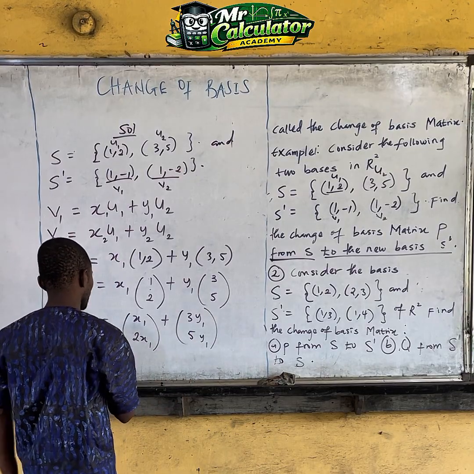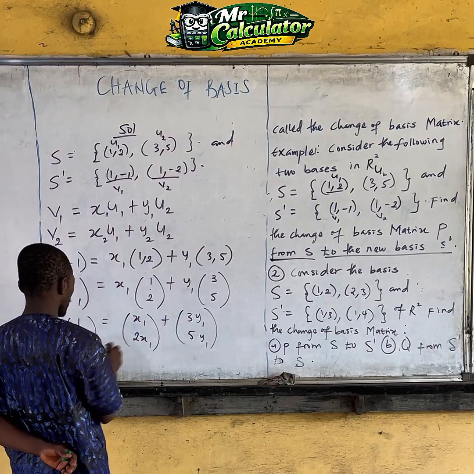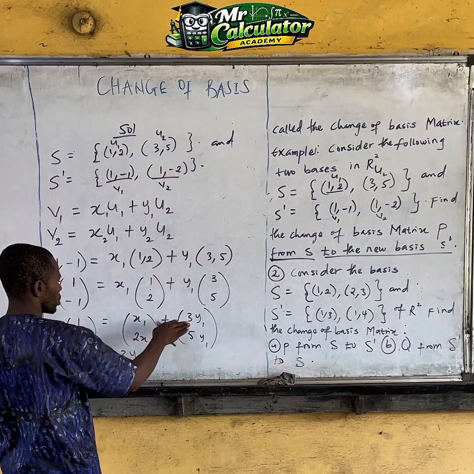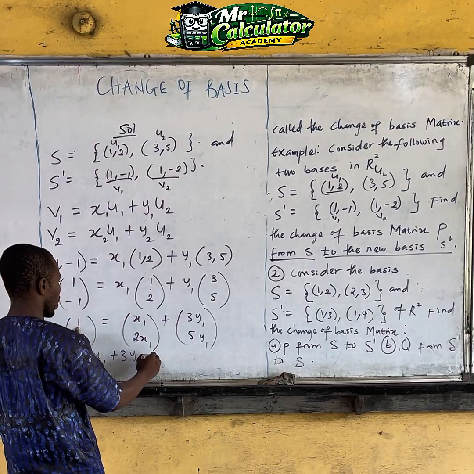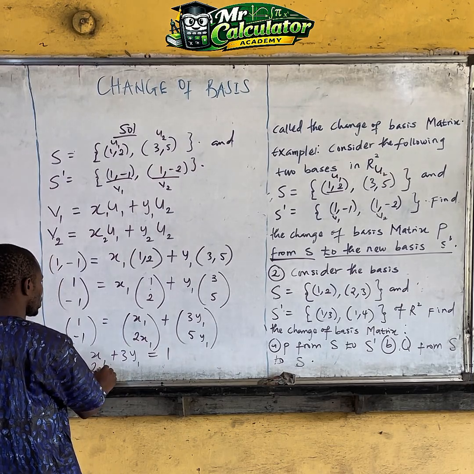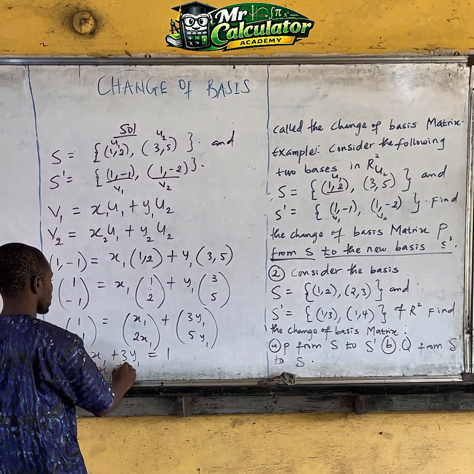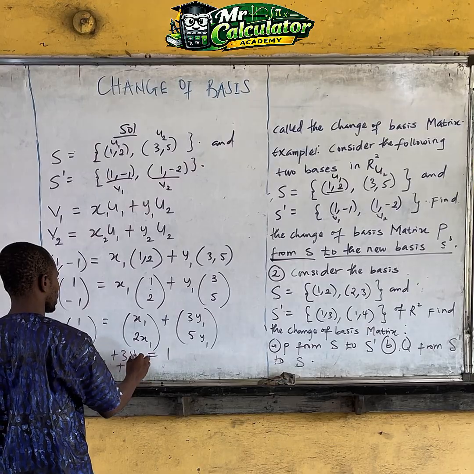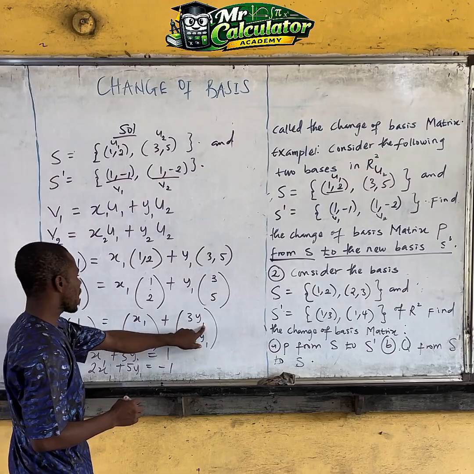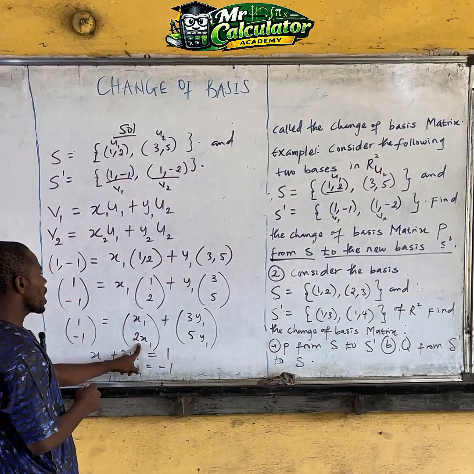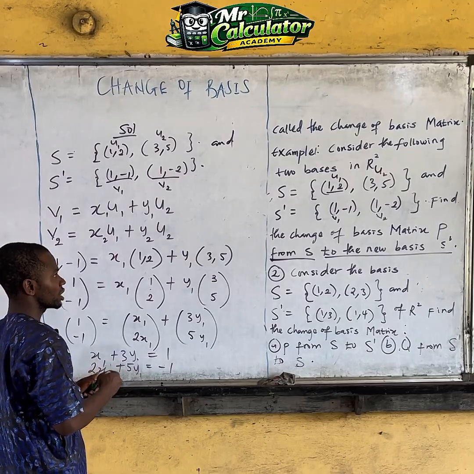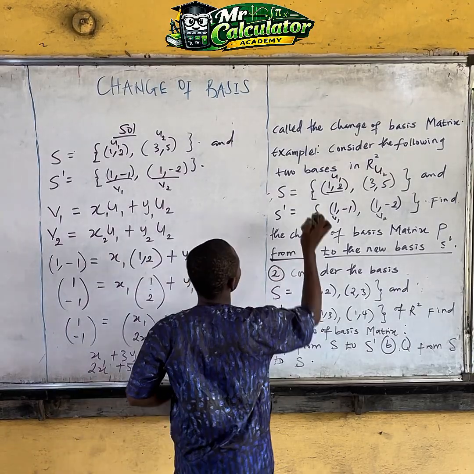We can add these together, so X1 plus 3Y1 equals 1, equation 1. And 2X1 plus 5Y1 equals -1. Now we move to the next part.